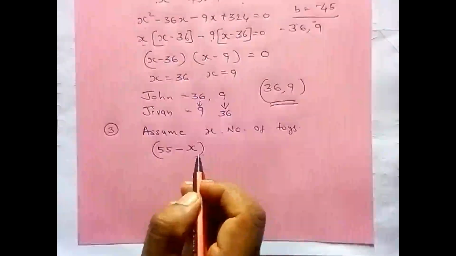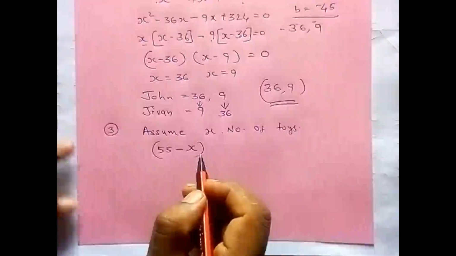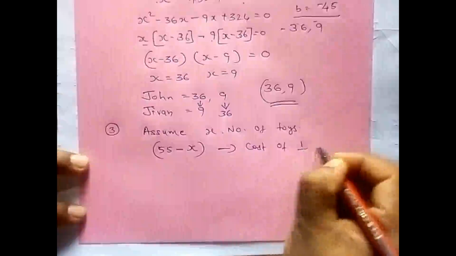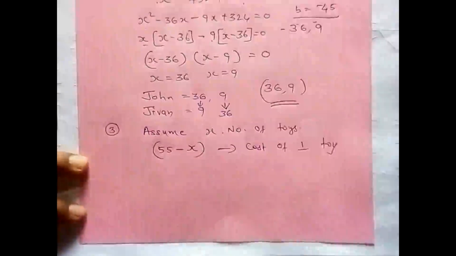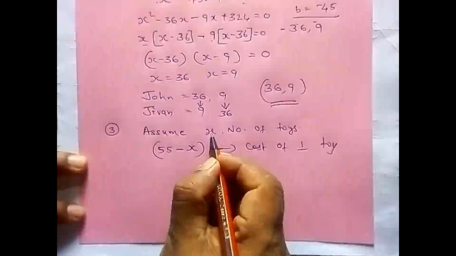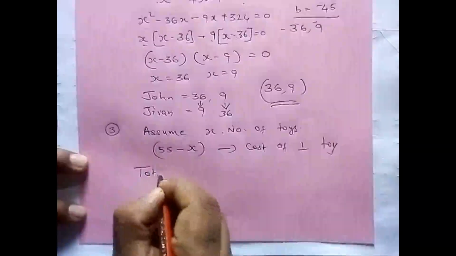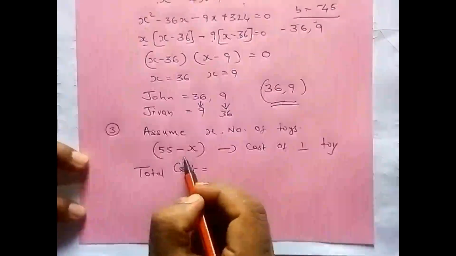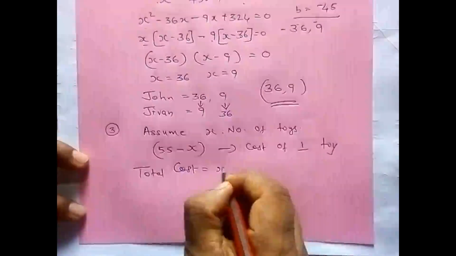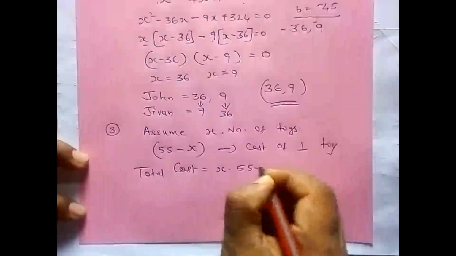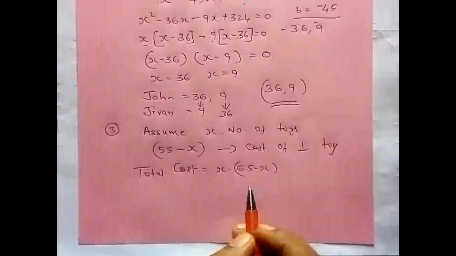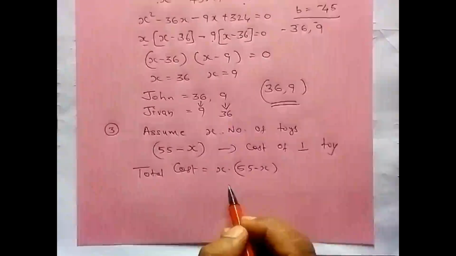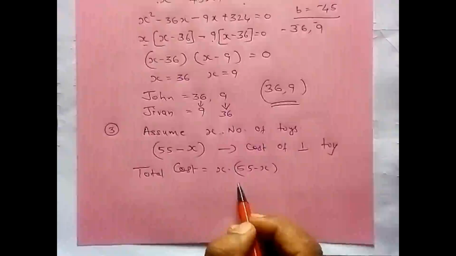This is the cost of one toy, and that is very important here. How many toys are produced? x toys. So what will be the total cost? Total cost is equal to total number into cost per toy, that means x into 55 minus x. This is the total cost of production of toys in one day.